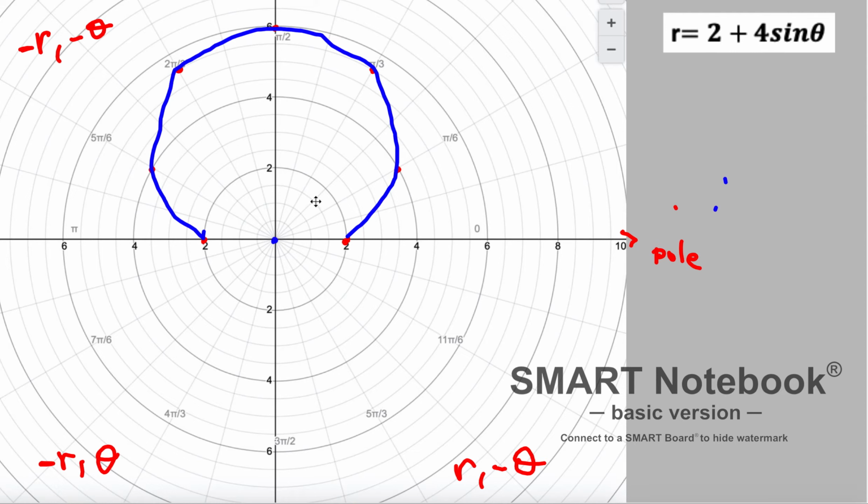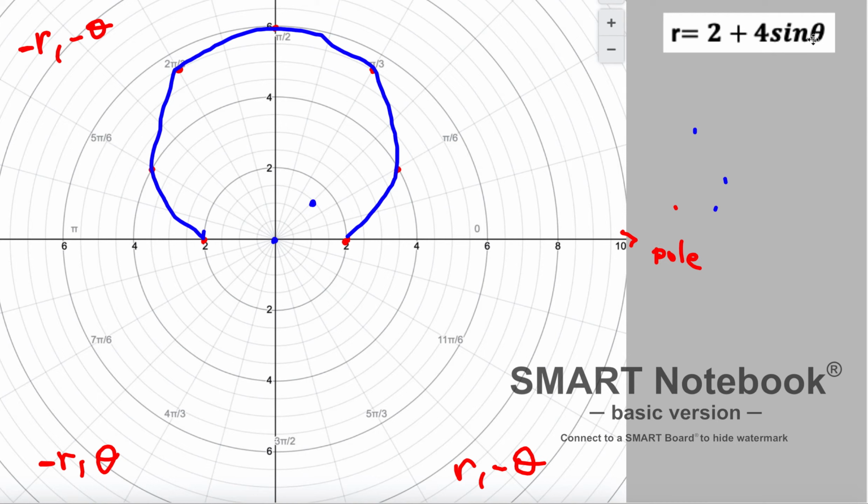Minus 1.46 is between 1 and 2, around 1.5. Let me check again. Because it's negative, it doesn't go on this side, but goes on the opposite side. It's here. Now let's look at 3 pi over 2.